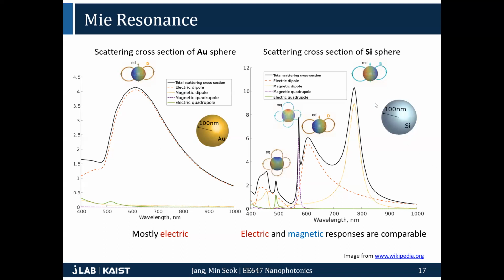There are so many peaks in the case of silicon. If you look at the size of the particle, 2 pi a, where a is the radius, is about 600 nanometers, and here also 600 nanometers. So it's about the size of a wavelength, slightly bigger, but anyway about the size of the wavelength. So things become complicated from here. So why are these so different?